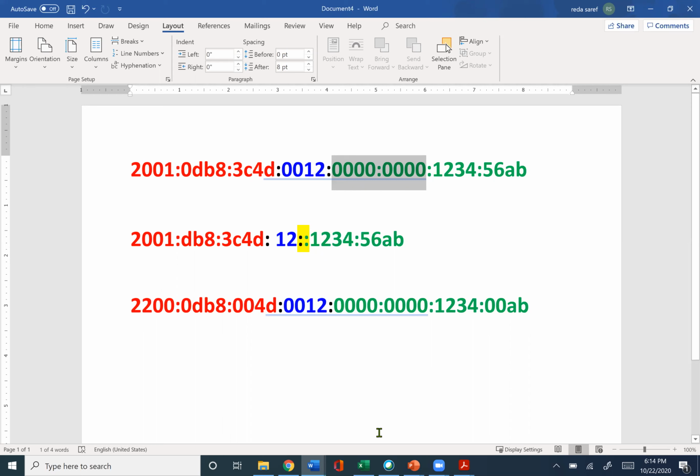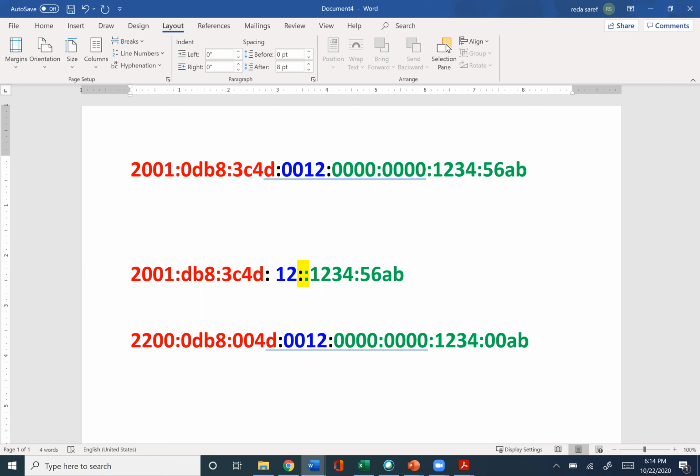So what you will do in there is take the leading zeros. It's just asking you which one is the correct representation. We have two rules, right? If there's a leading zero, we remove it. Here, do we have any leading zero? No, so 2001 stays. For this one, do we have a leading zero?